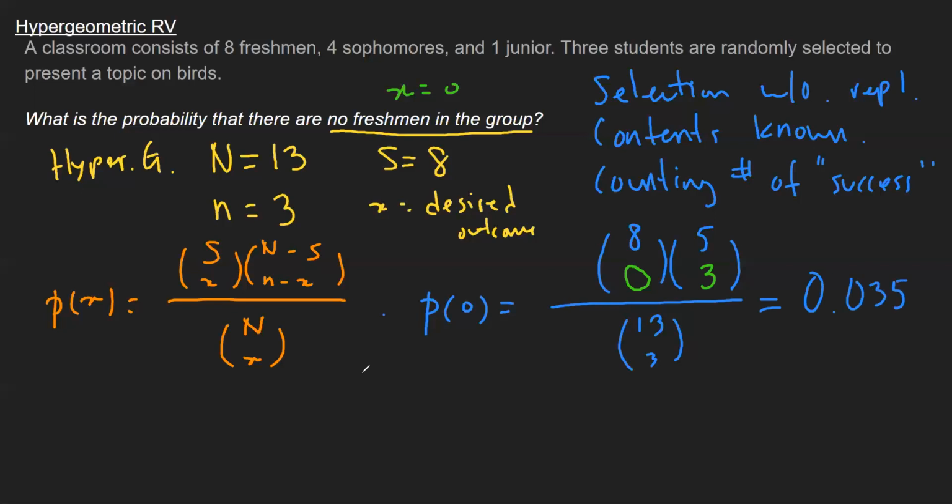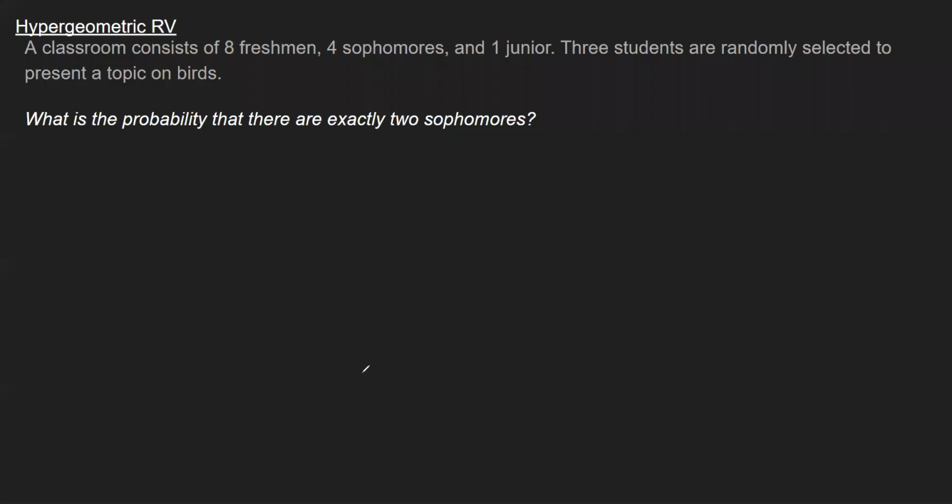All right, so let's take another look at a different scenario. In this follow-up, same experiment, but now my interest will be, well, what's the chance there are 2 sophomores in the group? So what's changed for us is our definition of the success.